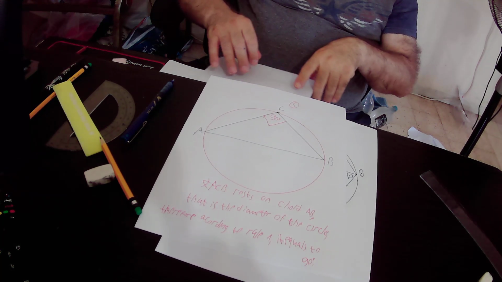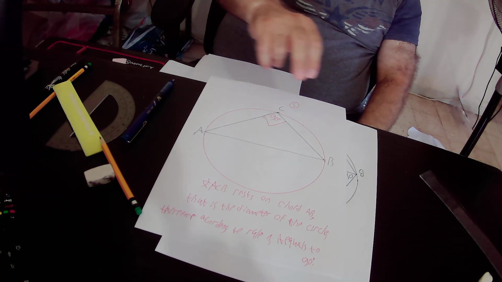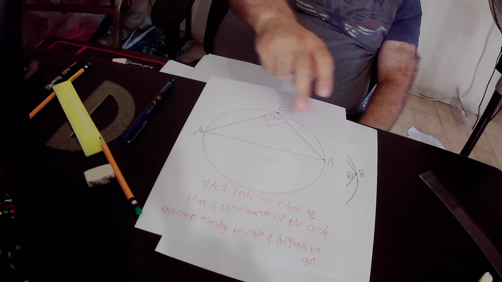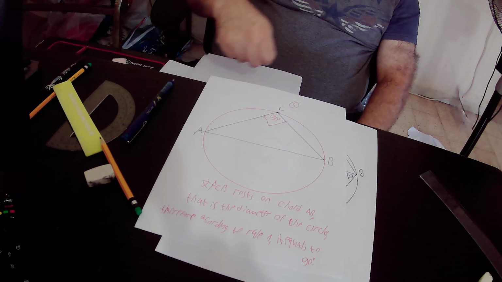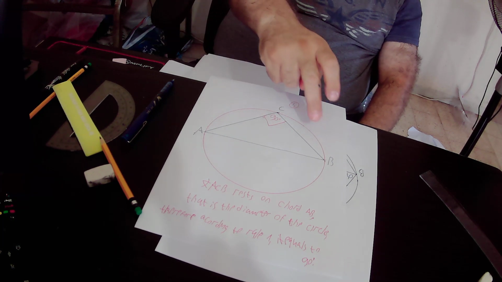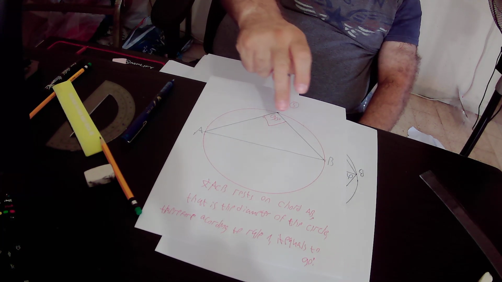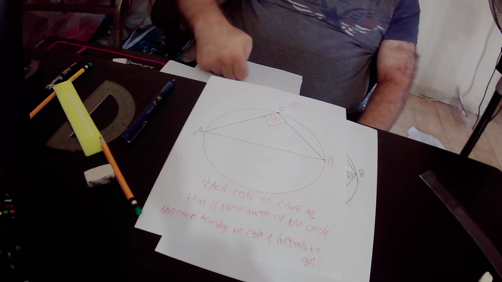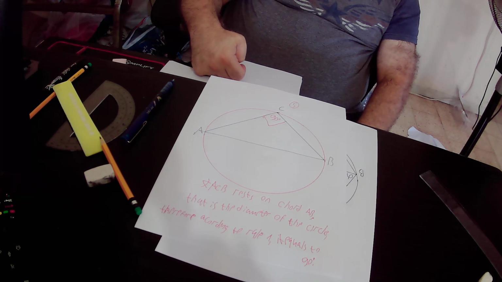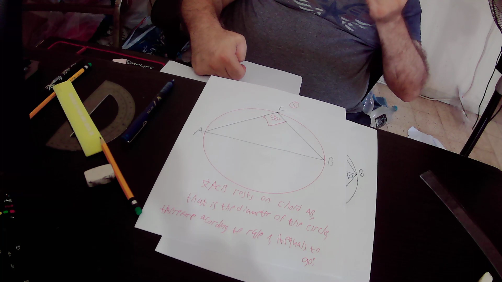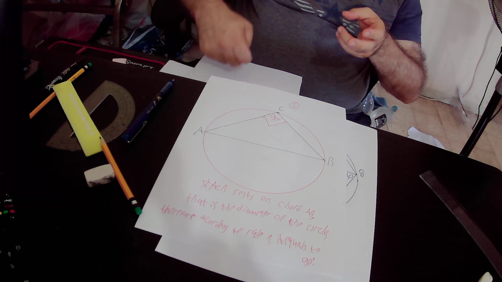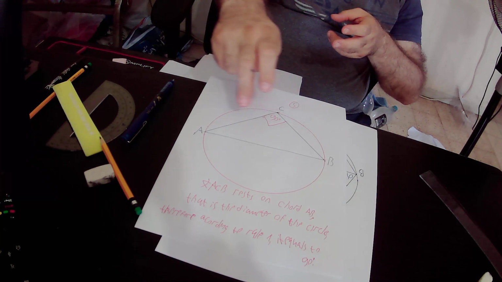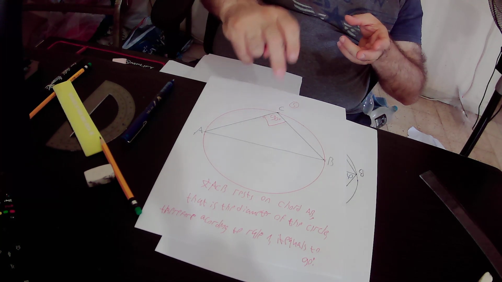Suppose that AB is the diameter of the red circle, and we have angle ACB that rests on AB, that is the diameter of this circle. So, according to rule number 1, any peripheral angle that rests on the diameter of a circle equals 90 degrees.